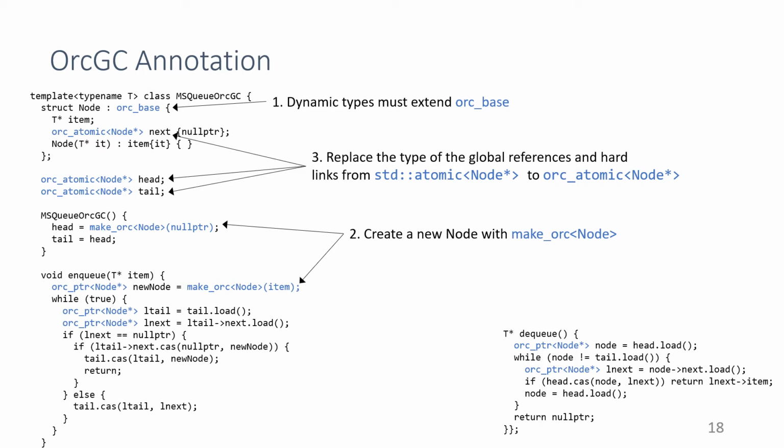The next, head and tail, which are hard links, must be changed from std::atomic to OrcAtomic. And every time a load is called, it is stored in an OrcPtr object.